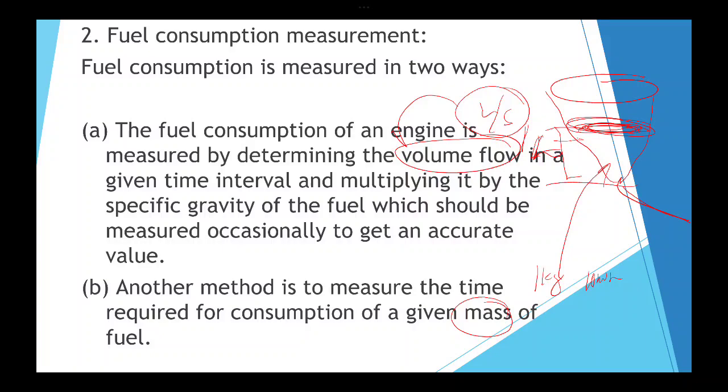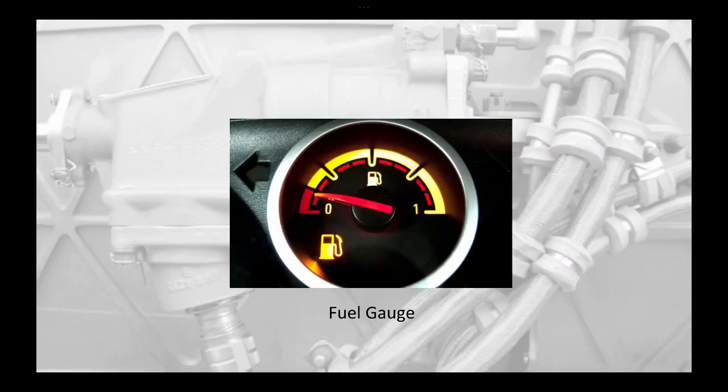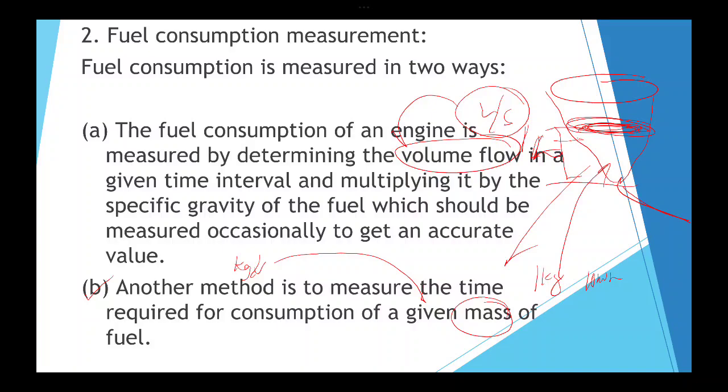After 10 minutes you get the weight, deduct that, and there you have it. If you use this method, you get kilogram per second, as this is by weight. That's how you measure fuel consumption, by volume flow or by a given mass.